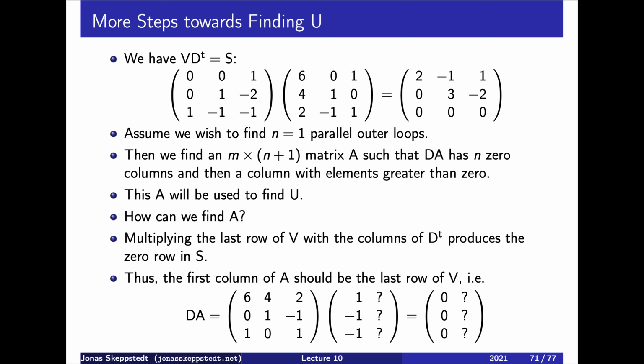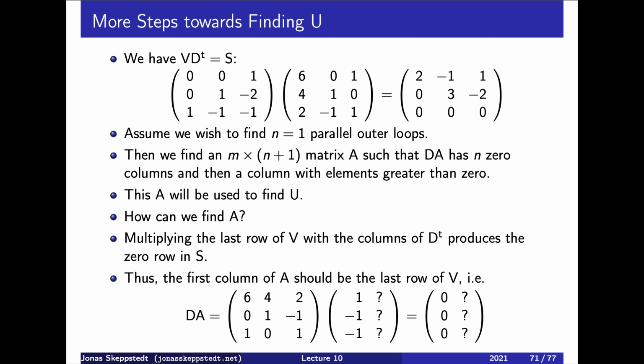Say we want to find one loop that can be run in parallel, meaning DU should have one leftmost zero column, and then the second column should have integers greater than or equal to 1. And the remaining columns don't matter.